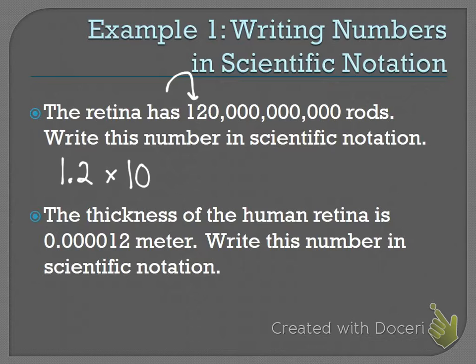So if I'm moving my decimal into a different part of the number, I'm going to count how many places I move the decimal. Where is the decimal understood to be in this original number? It's after the last zero, after the ones place.